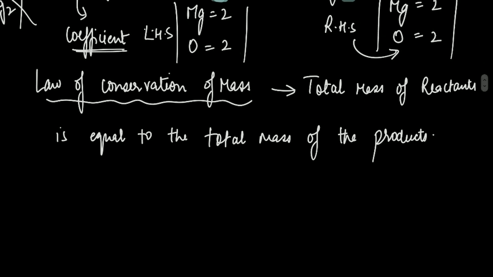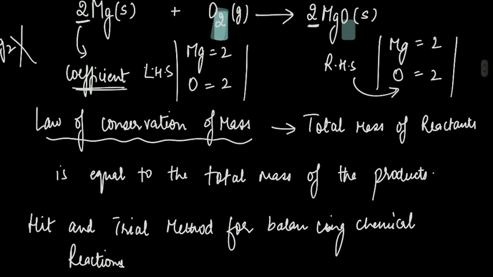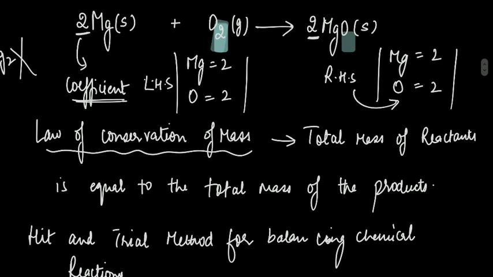The method that I'm using over here is very famous: the hit and trial method for balancing chemical reactions. We are not doing anything special, we are just using permutation and combination with a suitable number, and we always have to start with the lower number. We cannot go with a higher number just like that.